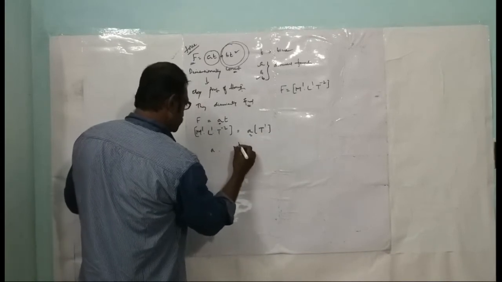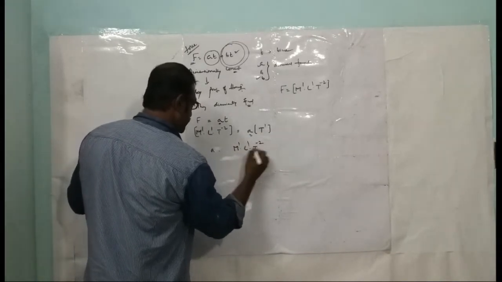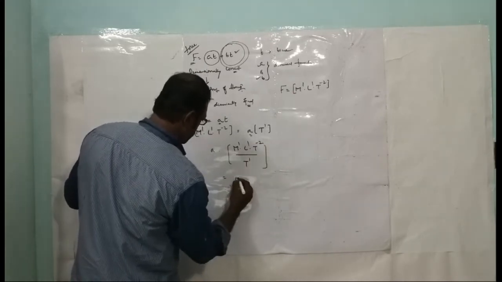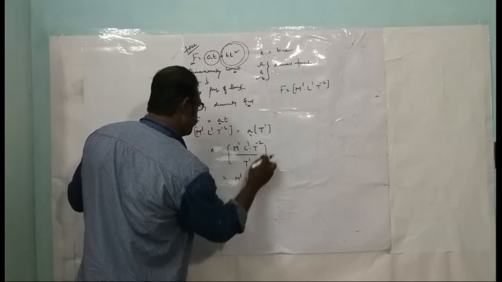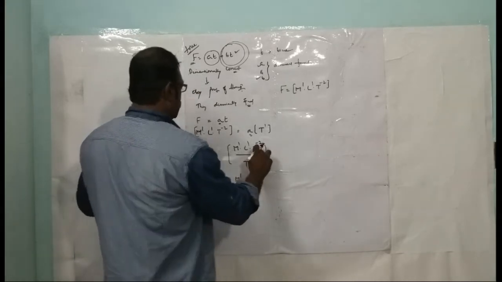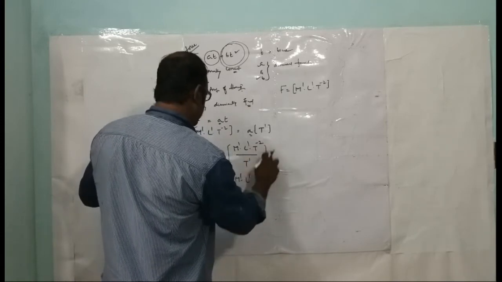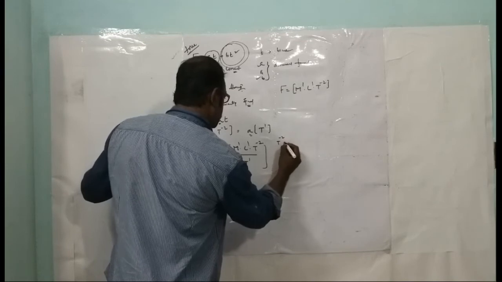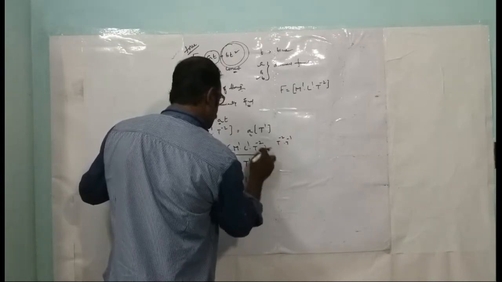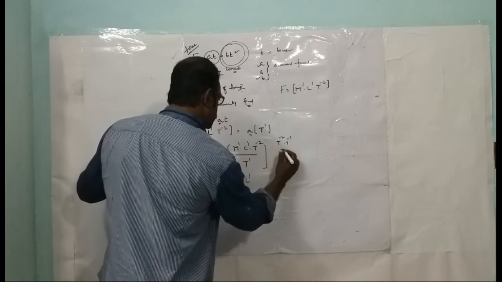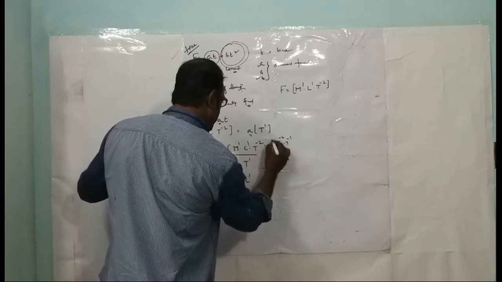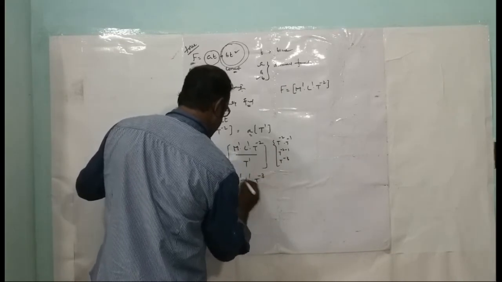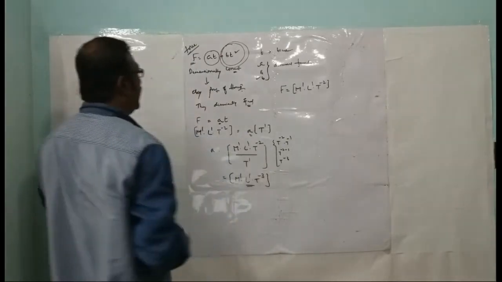So it is M¹L¹T⁻² by T¹. T¹ goes to the numerator and becomes T⁻¹. Minus 2, minus 1, minus 3. So M¹L¹T⁻³ are the dimensions of the physical quantity A.